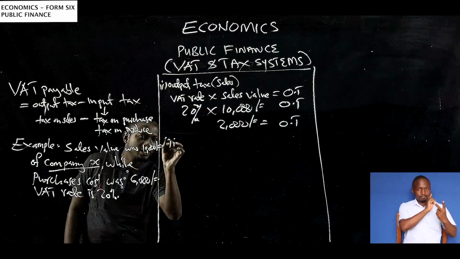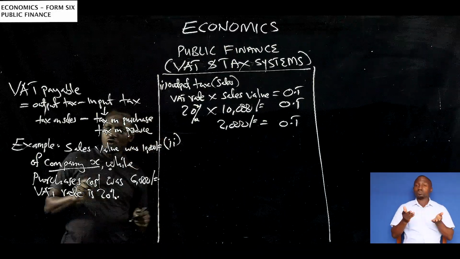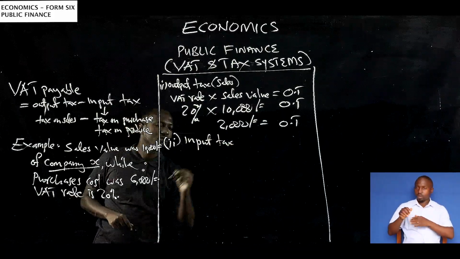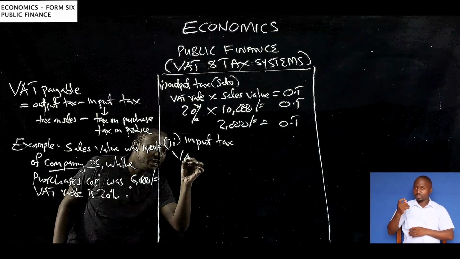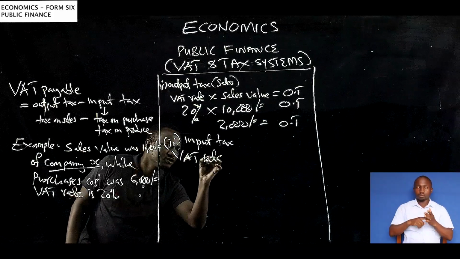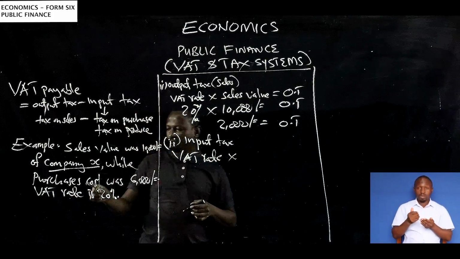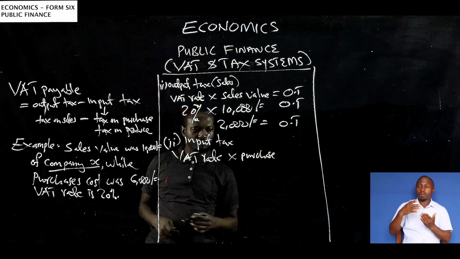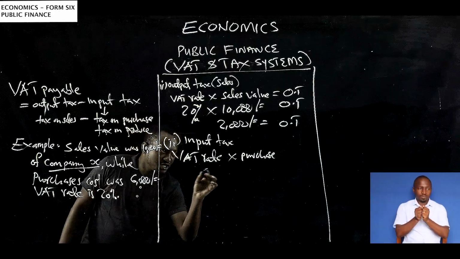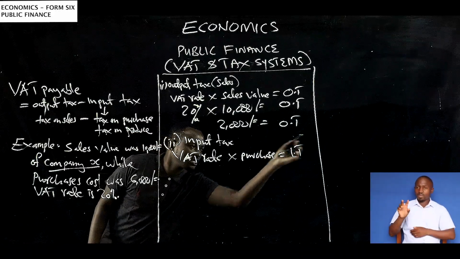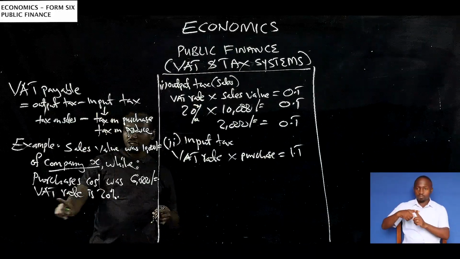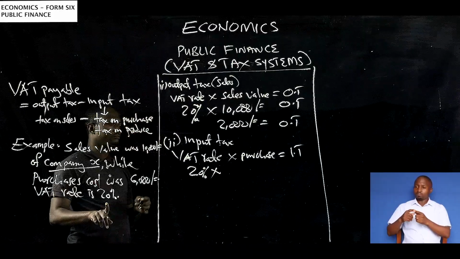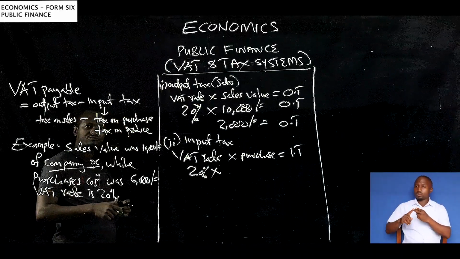Second, you have to compute input tax. For input tax, we take the VAT rate times the cost of purchases, or cost of production. The VAT rate is 20% times purchases.